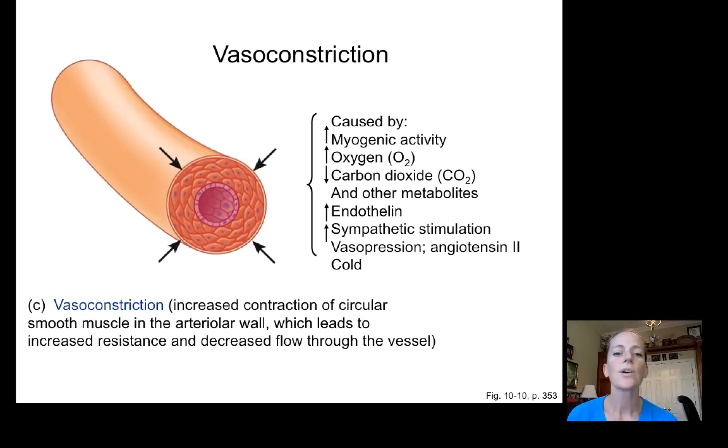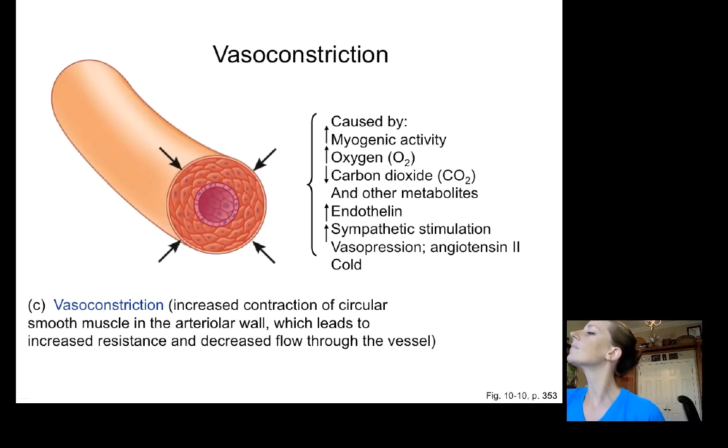Okay, so let's put this together and draw this out a little bit so that we have an idea of what's going on. So first, vasoconstriction is going to be increased contraction of the smooth muscle in the arterioles. When we do this, that will increase the resistance and decrease the flow through that vessel.